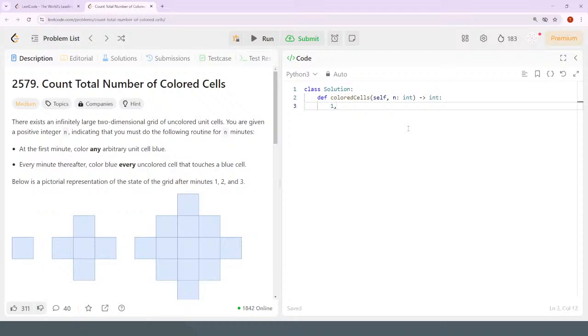So it's 1, 5, then 5 here would be 9, no, 5 plus 9 is 13. Should be quadratic. So I think it's something like n squared.